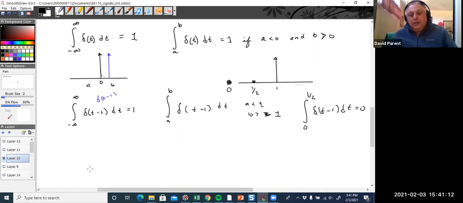All right. So now we're starting to see that when we integrate over all time, we'll always get 1. If we have finite limits of integration, they have to overlap. Otherwise, we get nothing.